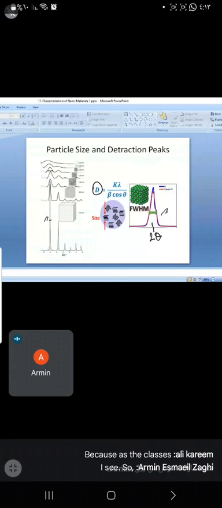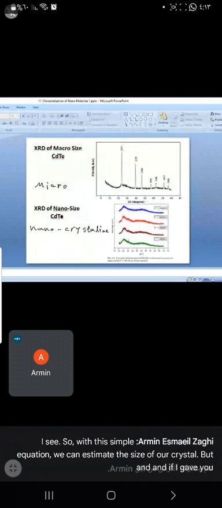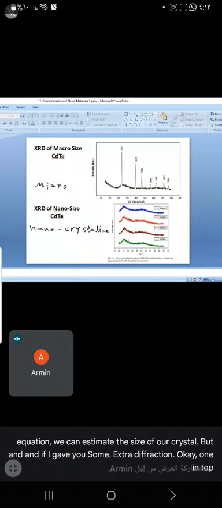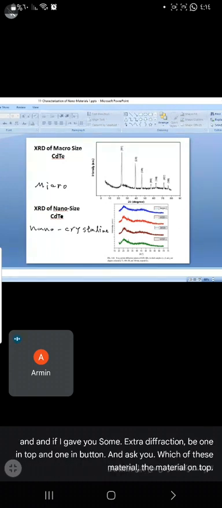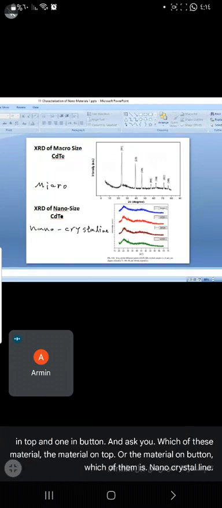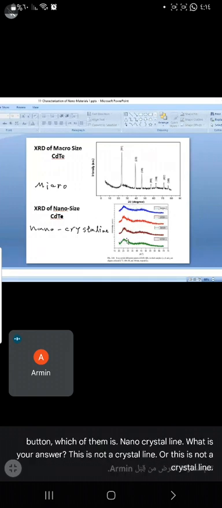So with this simple equation, we can estimate the size of our crystal. But if I gave you some X-ray diffraction peaks, one on top and one on the bottom, and asked you which of these materials, the one on top or the one on the bottom, is nanocrystalline, what is your answer?